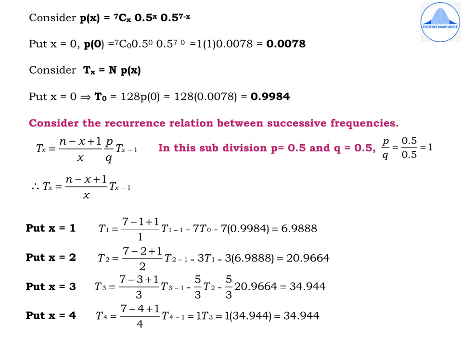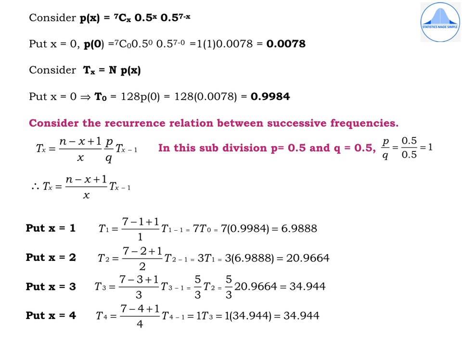So you will get p of 0 is equal to 7c0 0.5 to the power 0, 0.5 to the power 7 minus 0, which is equal to 7c0 is 1, 0.5 to the power 0 is also 1, and then calculate 0.5 to the power 7 and, taking 4 places after the decimal after rounding off, it will result in 0.0078.